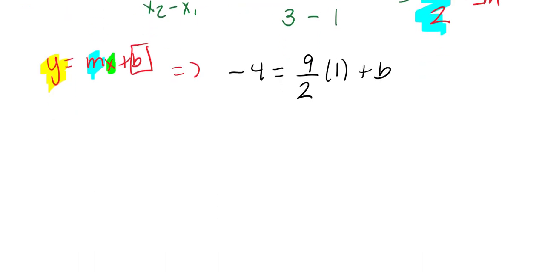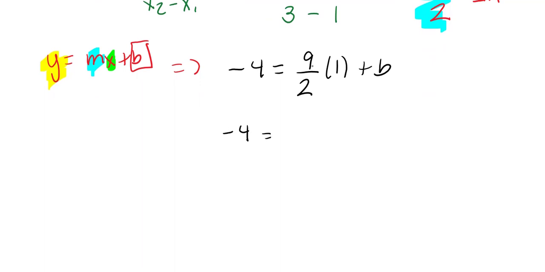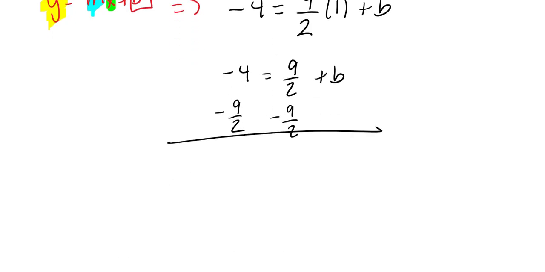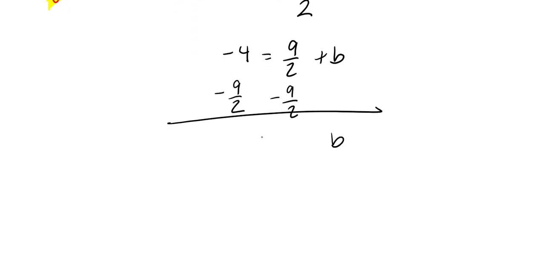Let's rewrite this. We have -4 equals 9/2 times 1, which is just 9/2, plus b. Then all we need to do is subtract 9/2 on both sides, right? Because then we get b all by itself on the right-hand side. This just becomes 0. Then we have -4 minus 9/2.